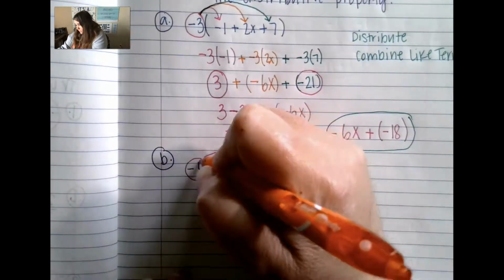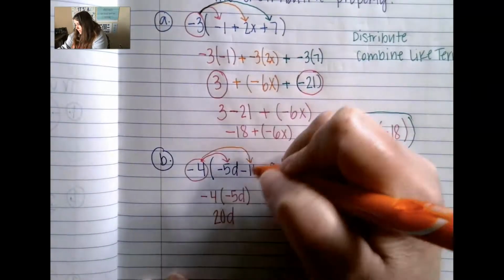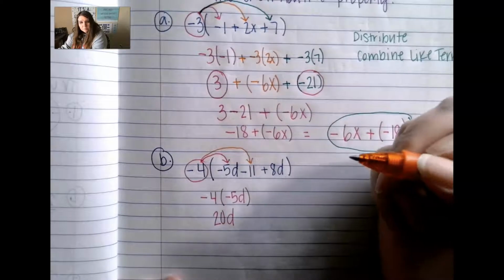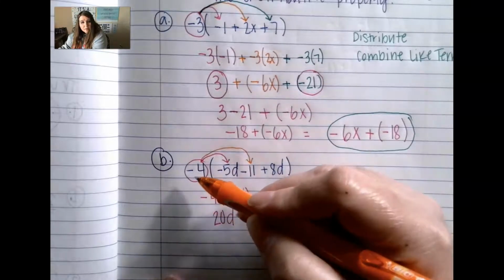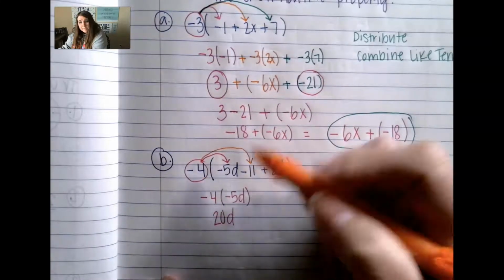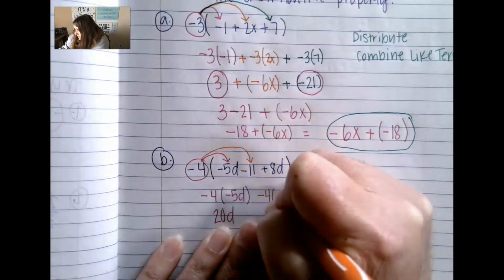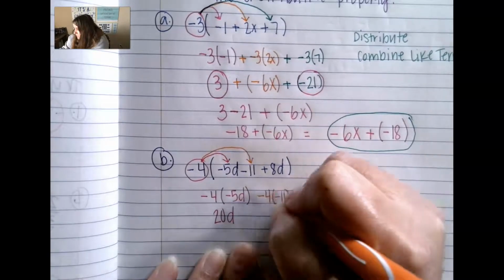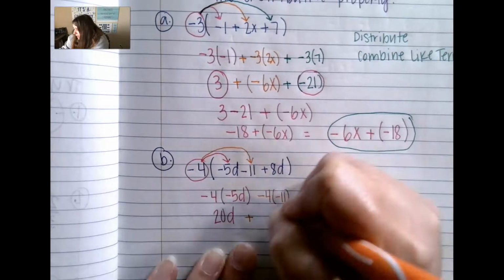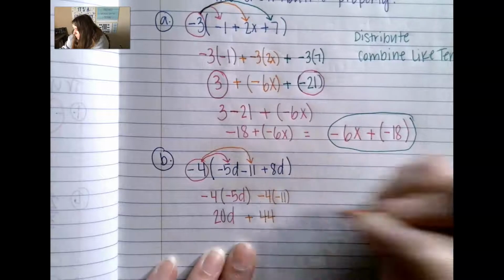Next up is 11 or negative 11. So we have negative 4 times a negative 11. So negative 4 times a negative 11 is going to give us positive 44.